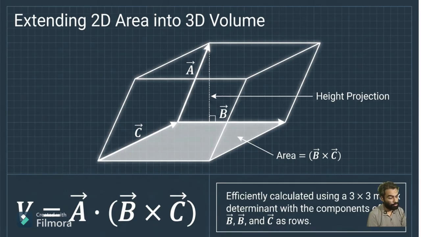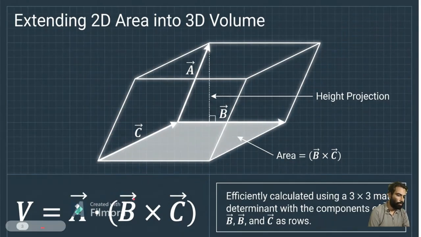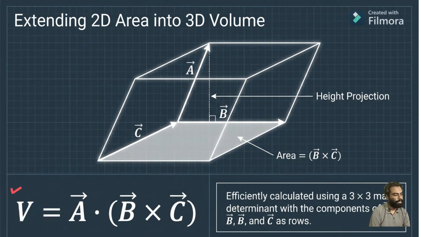The magnitude only, not the direction, which is perpendicular to that surface area, but only the magnitude of that. So from B cross C you can have the area of the parallelogram. Now the scalar triple product can give you the entire volume of that parallelepiped. It is the 3D picture of the previous one.